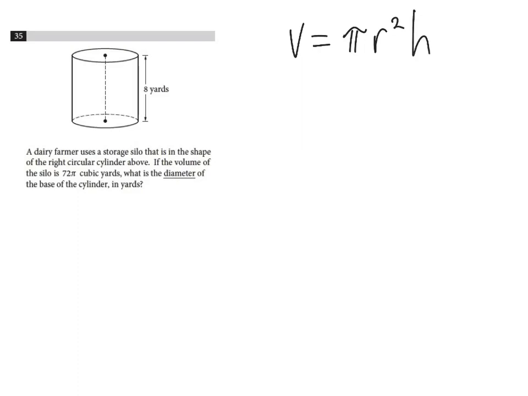Okay, so we're just going to substitute some values in here that we actually know from the diagram and from the text. We know that the volume is 72 pi, and we know that the height is 8. Okay, so I'm just going to divide both sides by 8 pi.